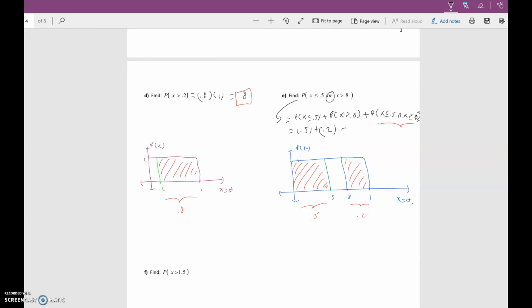And then minus, there's no intersection on this one, so our final answer is just going to be 0.7. Technically, from 0 to 0.5 you get a total of 50%, and from 0.8 to 1, that's 20%. Combining those two gives us 0.7, or you can rewrite it as 0.70. Either one of those is fine.